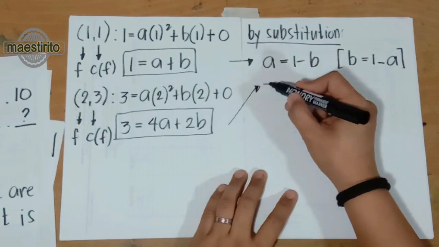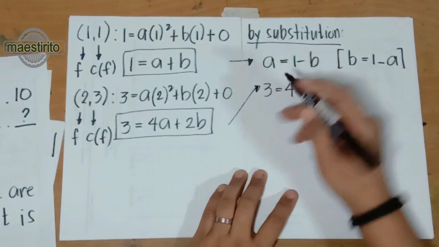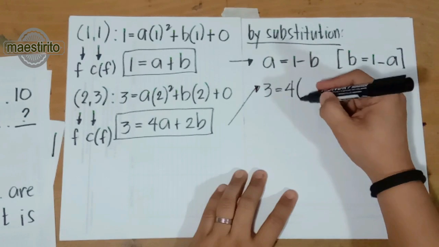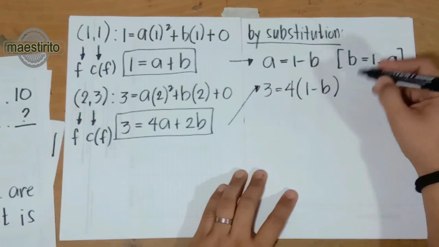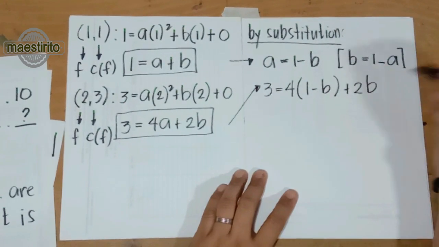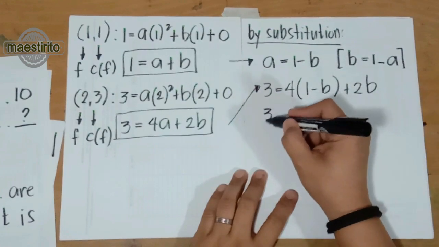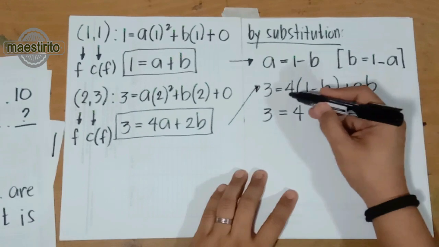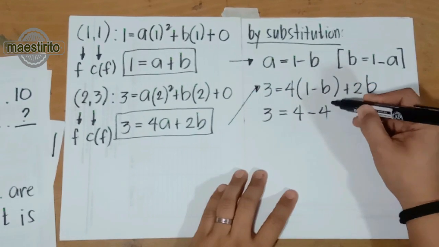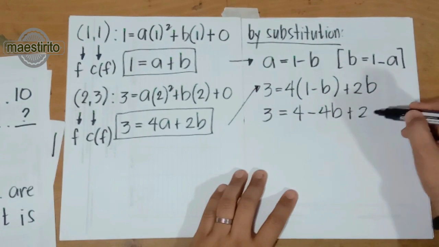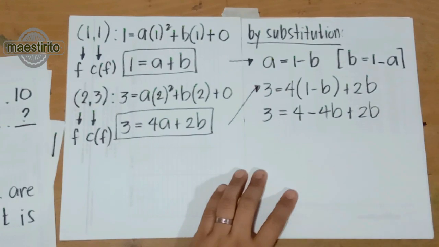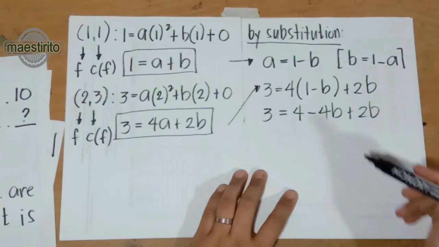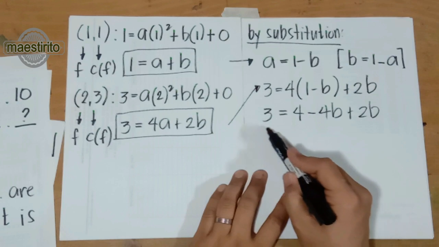So from here, you have 3 is equal to 4. Instead of writing the A, right now the 1 minus B. Then plus 2B. Okay, so continue. 3 is equal to 4 times 1 is 4. 4 times negative B is negative 4B. Plus 2B. Okay. So transpose the 4 there.